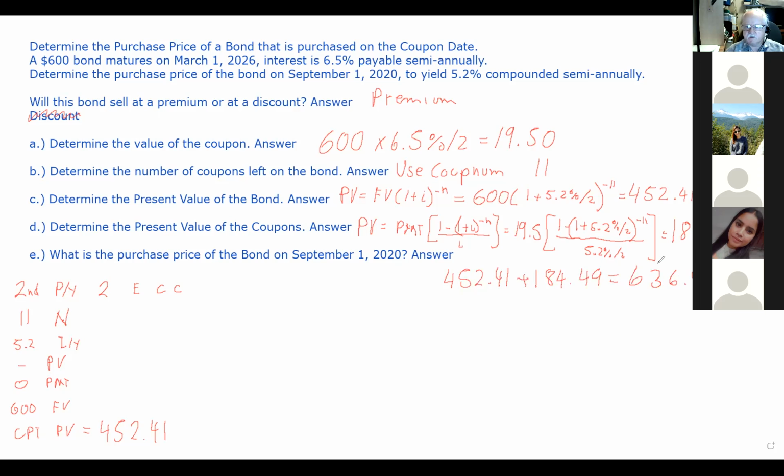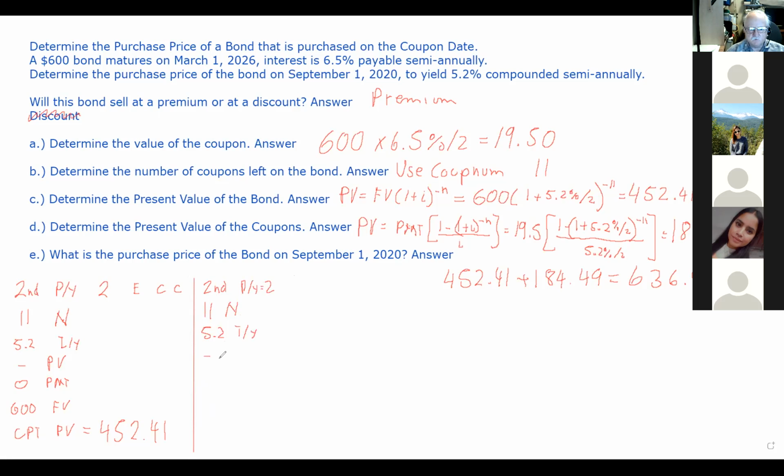Now, we could do this calculation, the 184, on the BA2 Plus. We'd still be going second, PY 2. We'd still be going 11 into N. We're still 5.2 into IY.